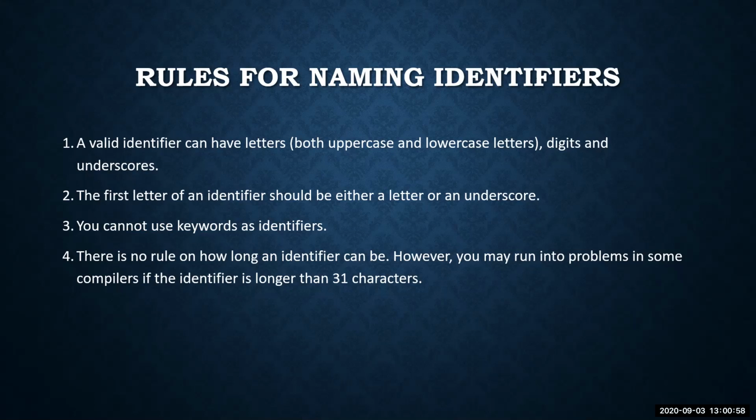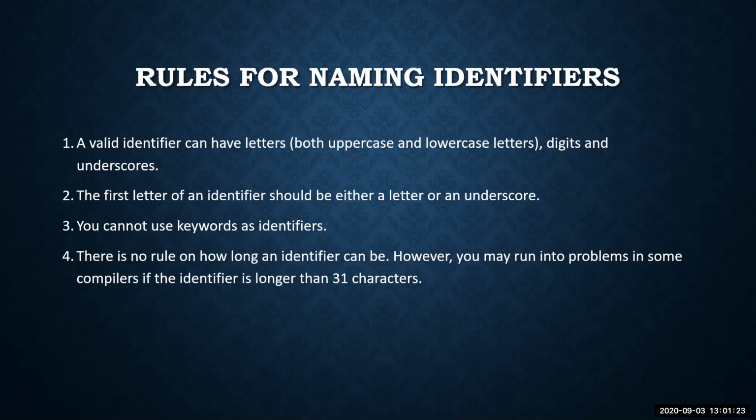We can use digits and underscore in the name of an identifier. The second rule is the first letter of an identifier should be either a letter or an underscore. We can't use a digit as the first letter of an identifier.